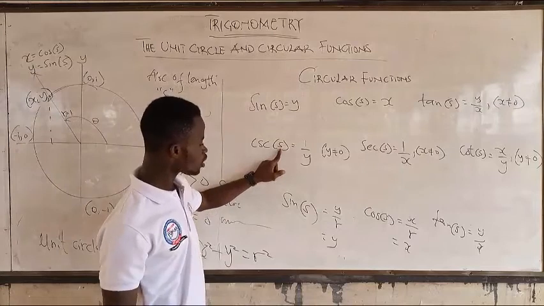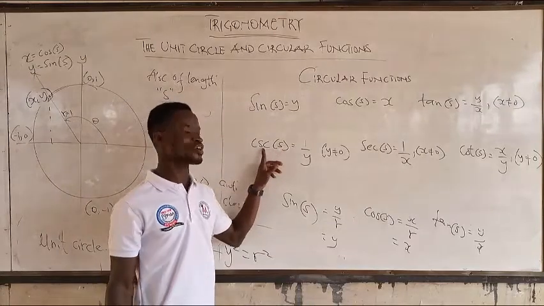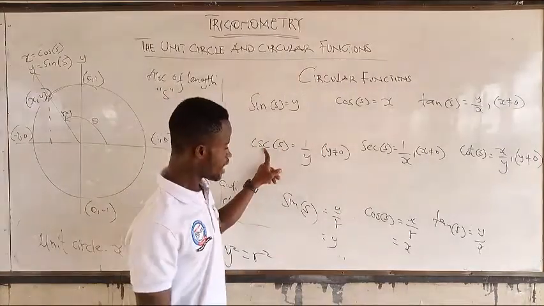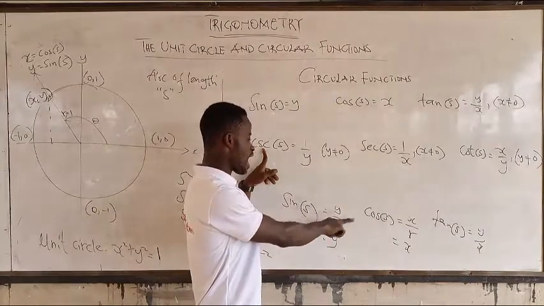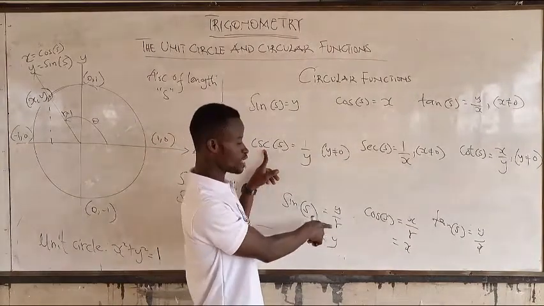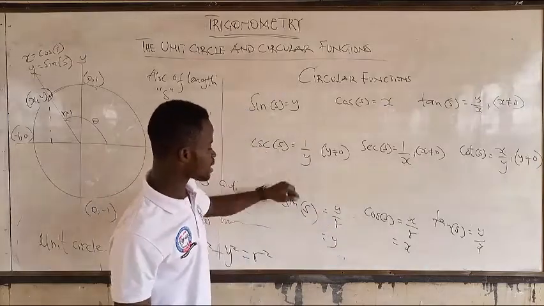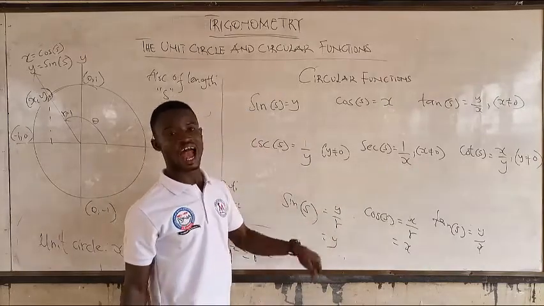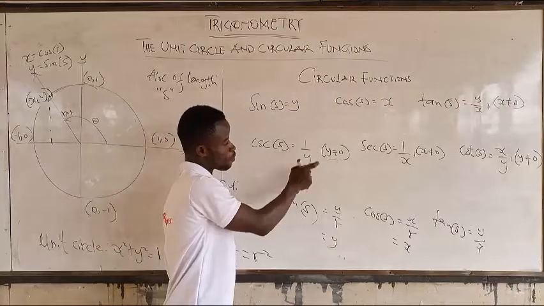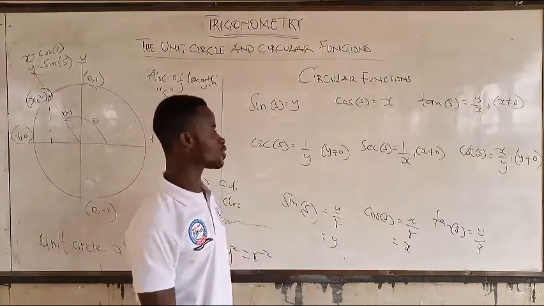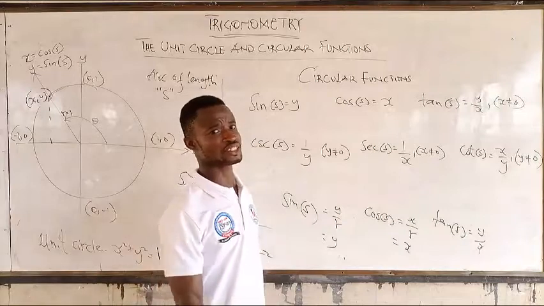And you know that cosec is the reciprocal of sine, so cosec is going to be r over y. If you replace r by 1, you're going to get 1 over y. Don't forget that. That's what you're going to use on the unit circle.